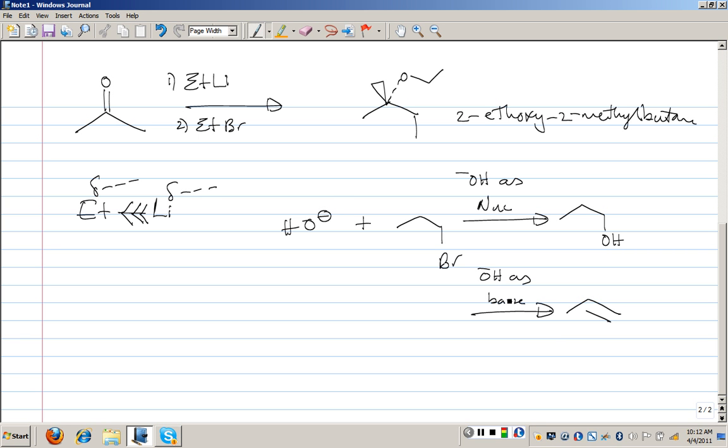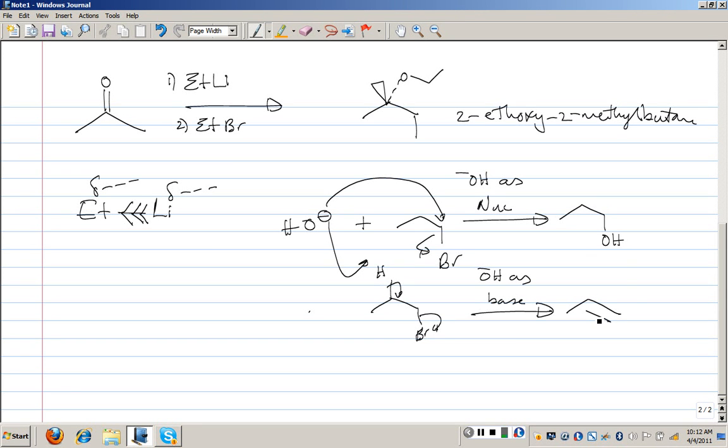So on the one hand, it's attacking this carbon and I'm losing the bromide. On the other hand, it's pulling off a proton, and we're making the corresponding alkene. So if my electron-rich species is incorporated into the product, it's acting as a nucleophile. If it is not, it is acting as a base.